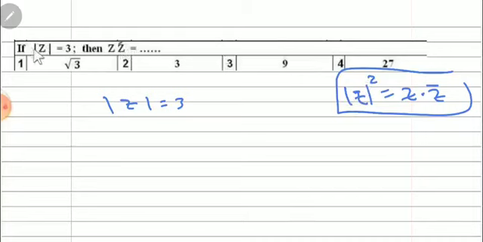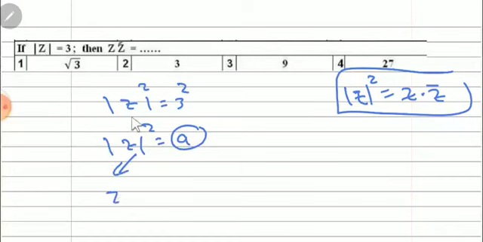But I have the length of Z just without the square, so if we want to find it, just square this. So the length of Z squared equals 9. And we know that the length of Z squared equals Z multiplied by the conjugate of Z, and this equals 9. So the correct answer is 9. This is the correct answer.